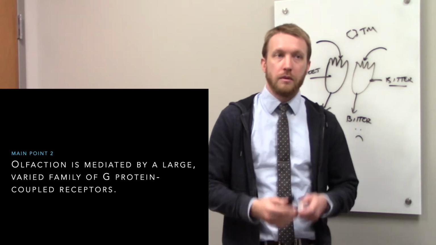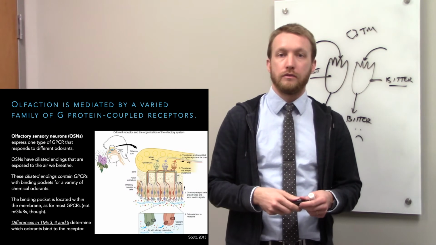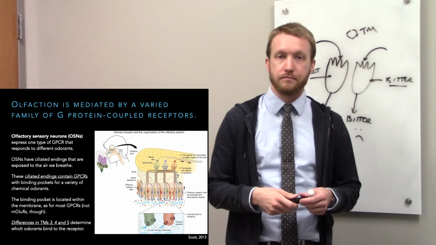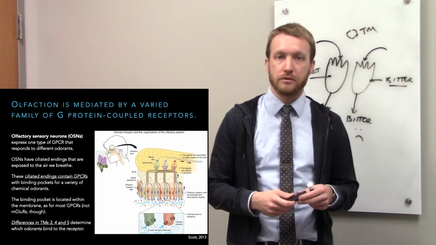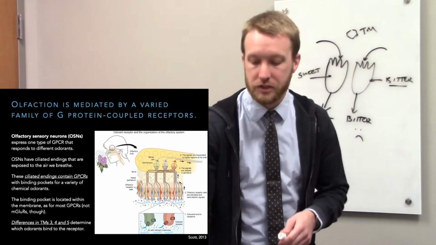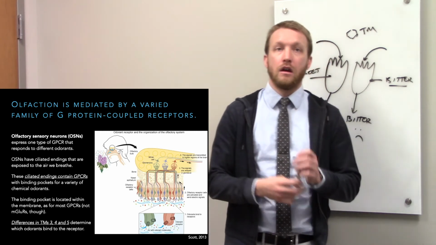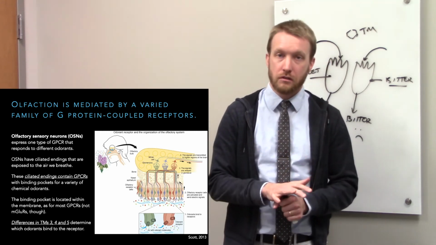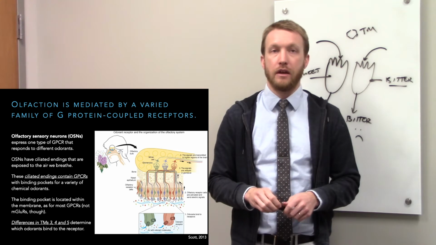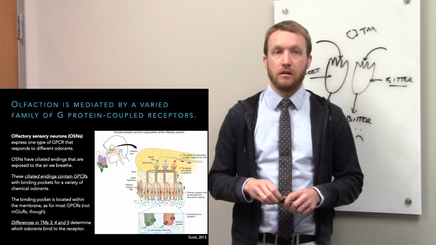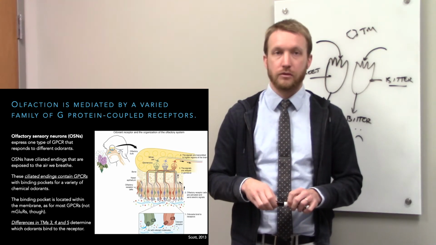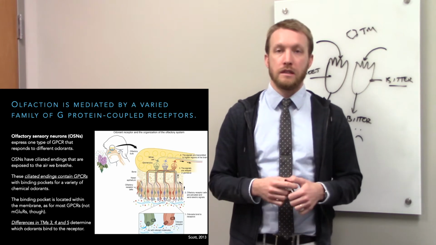Olfaction is going to require a much larger number of receptors, but they're all going to be G protein coupled receptors. So that's kind of nice. We just have GPCRs. Now the olfactory sensory neurons are going to dangle their dendrites down there into our nasal cavity to sense what's in the air that we're sniffing.